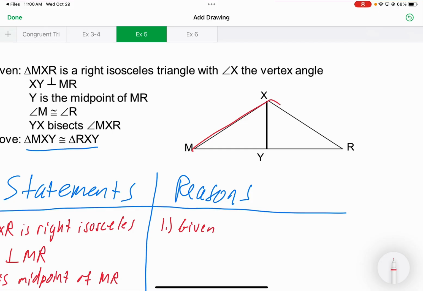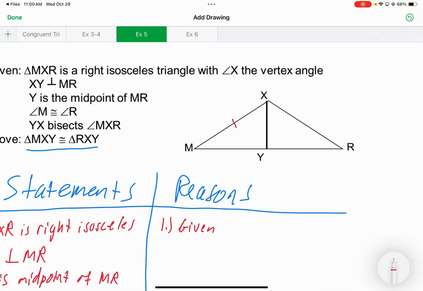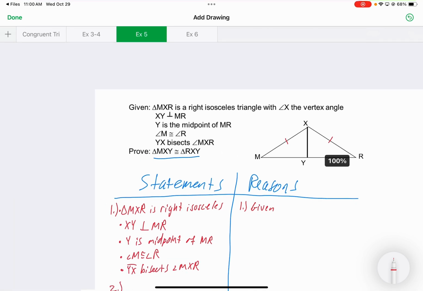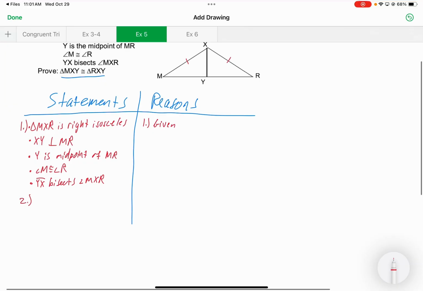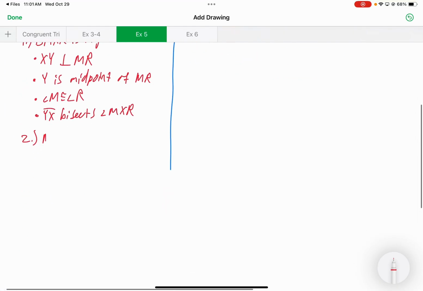MXR, this whole big triangle, is isosceles. So MX is going to be congruent to XR. I'm going to use that given to list that as a statement because I want to list six things that are congruent to each other. So Julia said MX is congruent to XR.